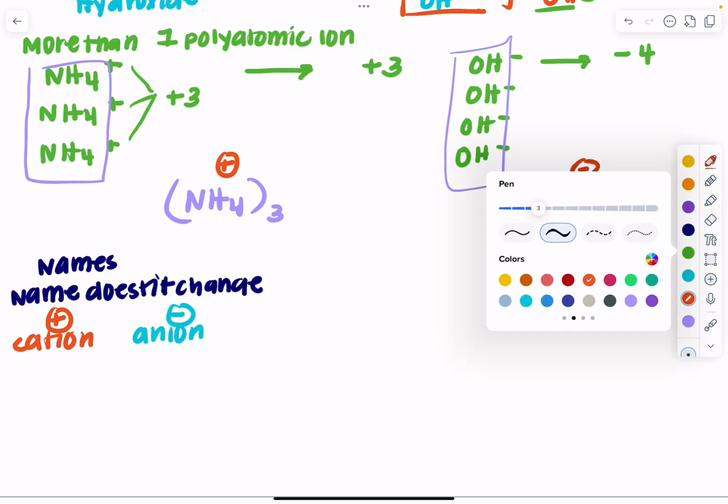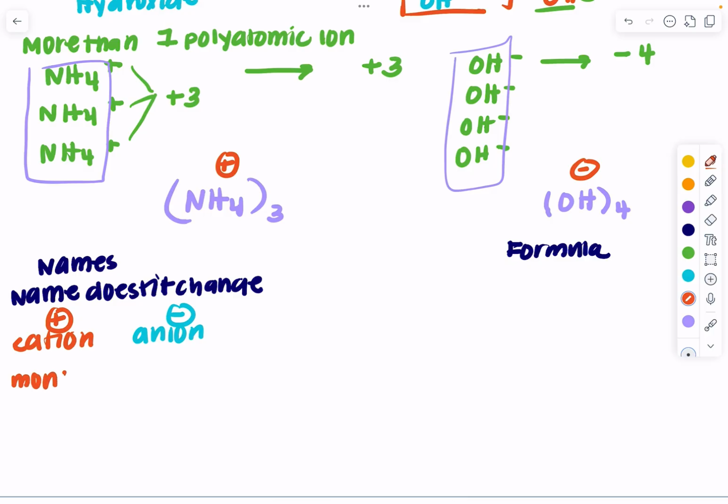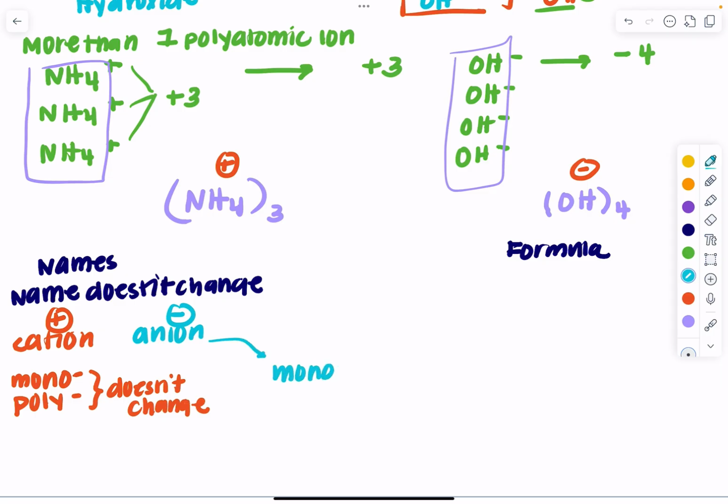Regardless if it's monoatomic or polyatomic, the cation name doesn't change. The anion, if it's monoatomic, remember the ending changes to IDE. If it's polyatomic, it doesn't change.